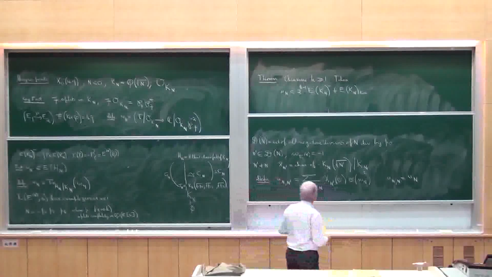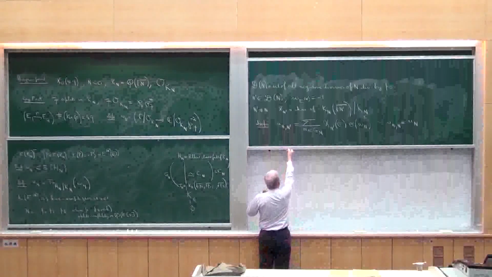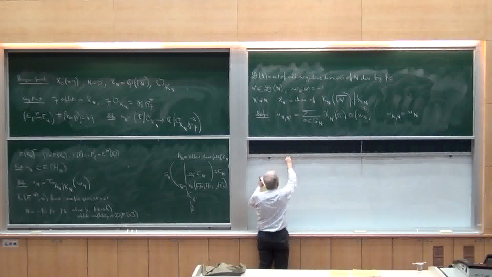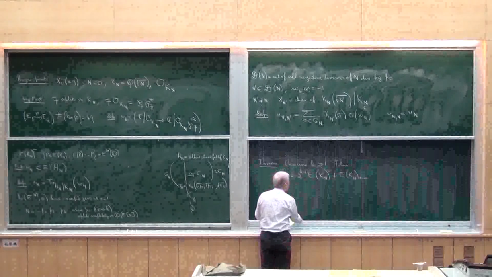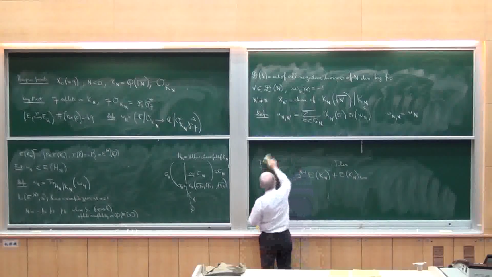And now here's the first key use, that I want to explain, of L values. I'm trying to prove that here.